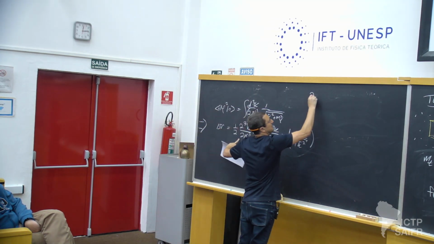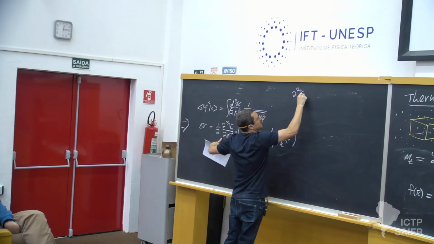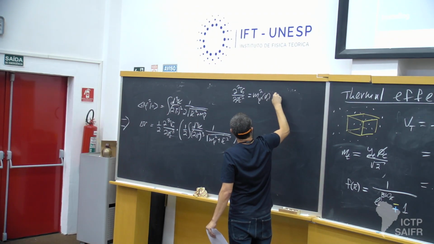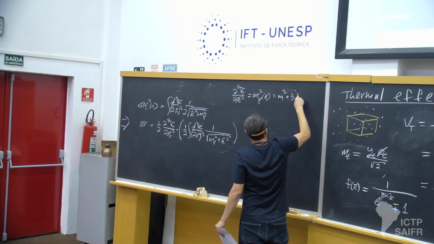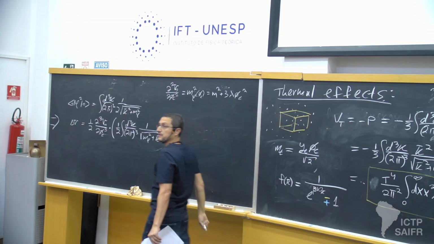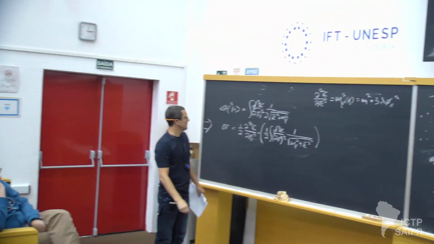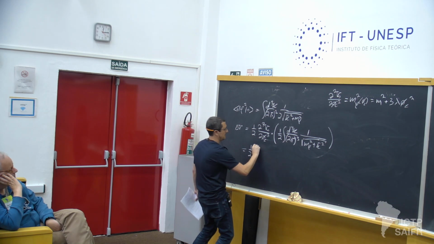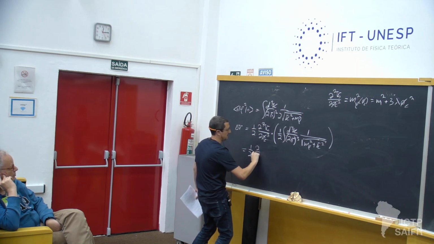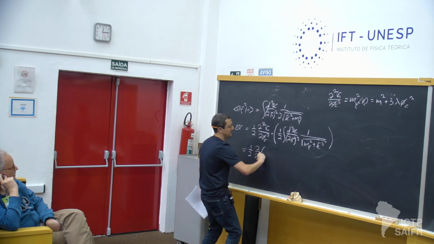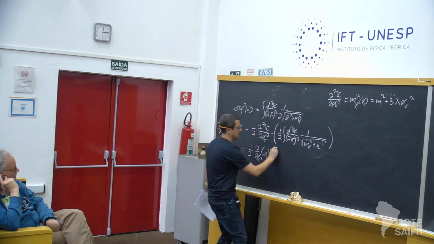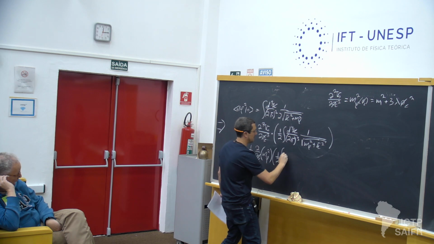You already know that the second derivative of V0 with respect to phi c is exactly m phi squared of phi c, which is m squared plus 3 lambda phi c squared. So this object is exactly a half d by d phi c of m phi squared times a half blah, blah, blah.